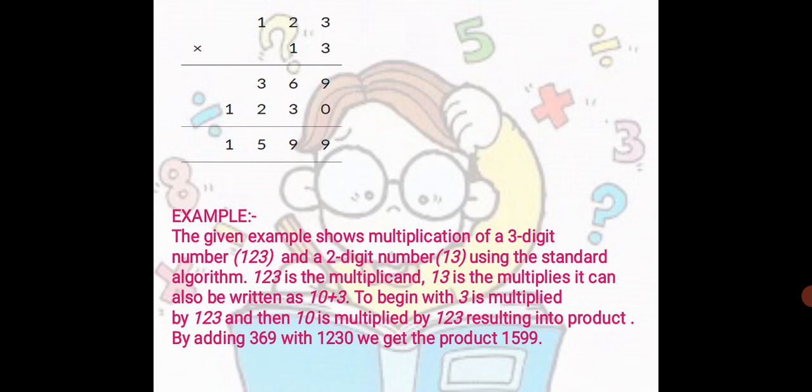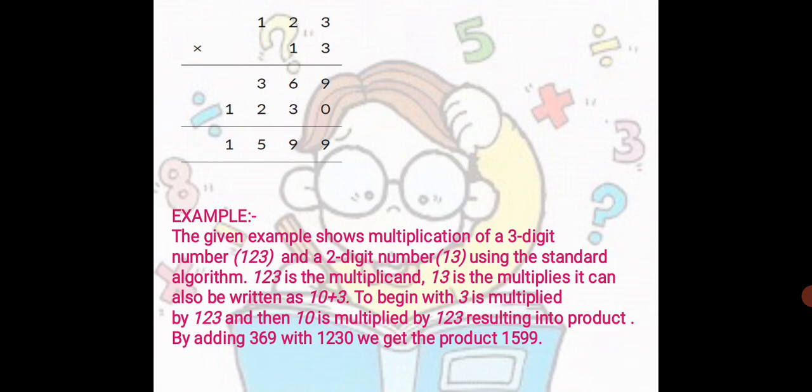The given example shows multiplication of a 3-digit number, that is 123, and a 2-digit number, 13, using the standard process or algorithm. In this example, the first number 123 is said to be the multiplicand, isn't it?